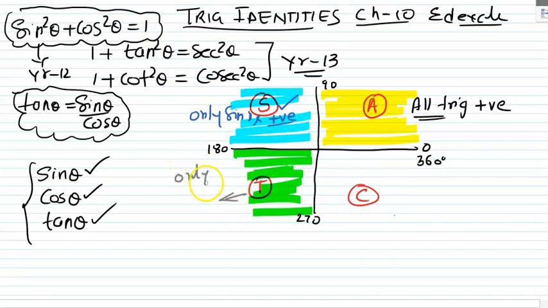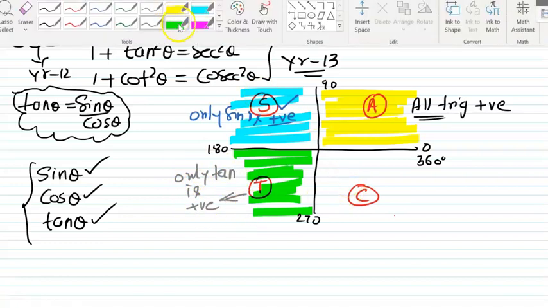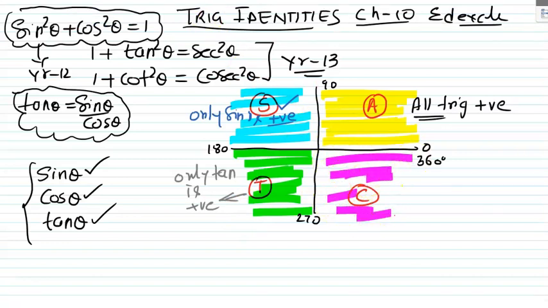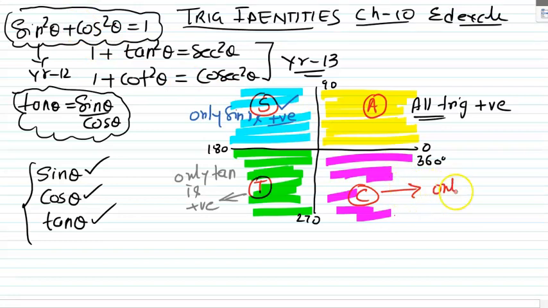So only tan is positive, the rest are negative. And the last one is this purple one. Here C stands for cos. So only cos is positive, the rest are negative.